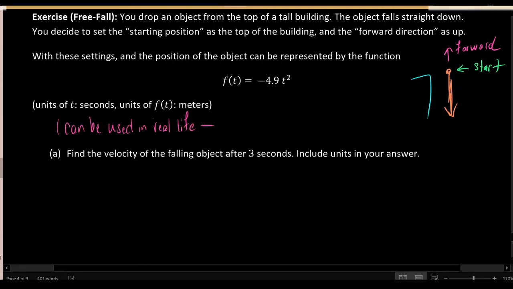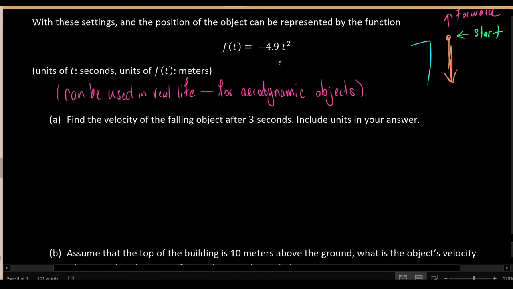The tiny catch is that this function really only works if your object is pretty aerodynamic. So something like a bullet, for example, it would work better for a bullet than it would for something like a feather, where the feather has a lot of air resistance, a lot of drag, and it tends to hover and float. So using this model, let's find the velocity of the falling object after 3 seconds.